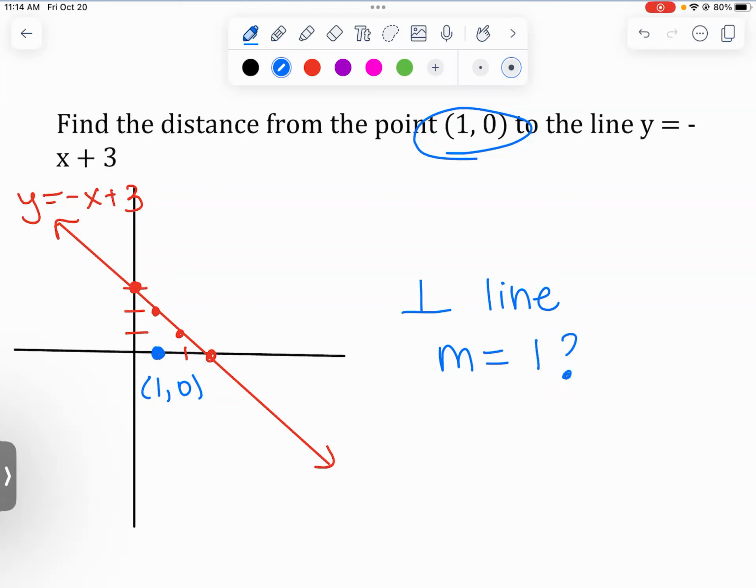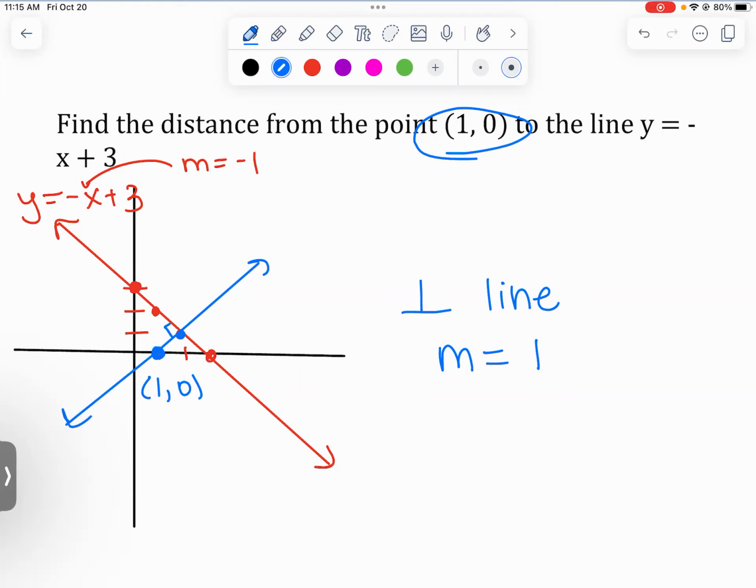Because we try to look at the x when we're trying to figure out the slope, and y equals mx plus b, and since there's no number in front of it, we can just assume it's 1. So our slope is -1. The opposite reciprocal would, yes, be a +1. So with my blue, if I go up 1 over 1, I now have a perpendicular line.